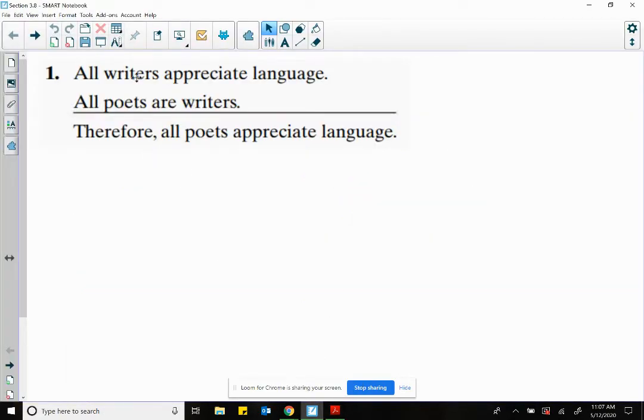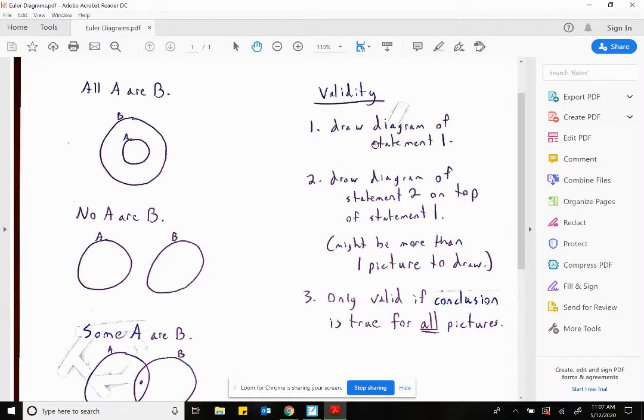So it says all writers appreciate language. So this is an all A are B. Writers is the A. Appreciate language, language is the B. So if we draw a picture of this, because that's what it says in our notes, draw a diagram of statement 1.